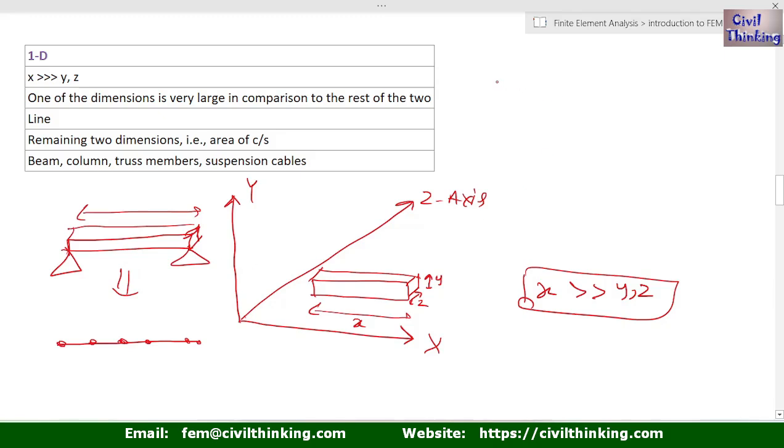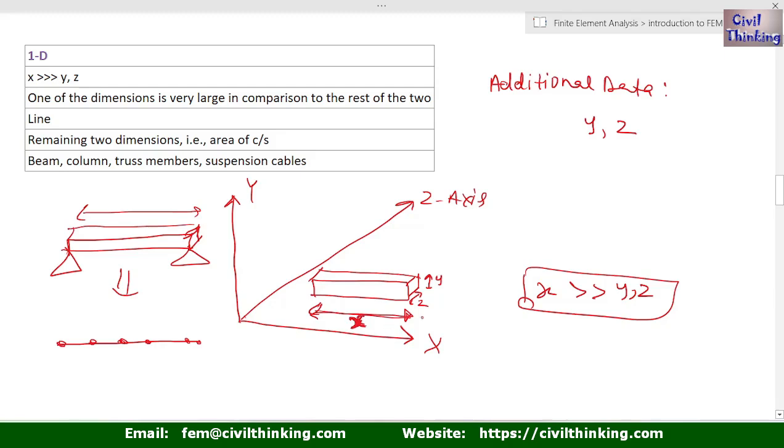Then we provide additional data. In the additional data, we provide the value of y and z. For example, first we define the x, because x is the length of the line element. We always define this first.